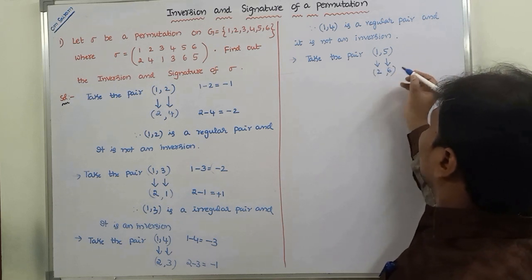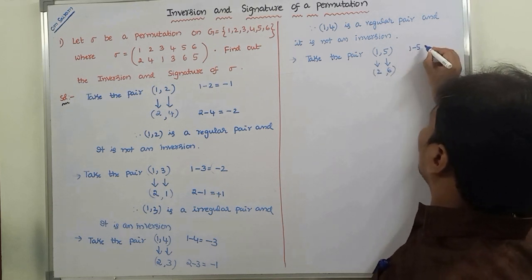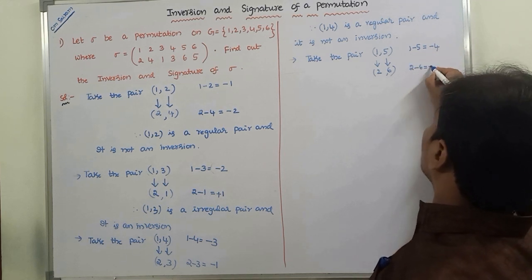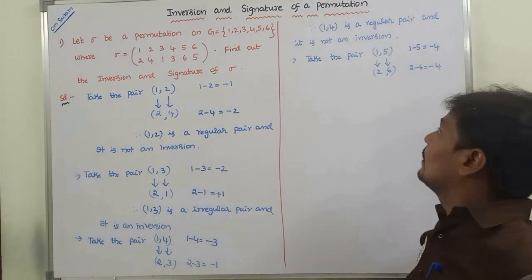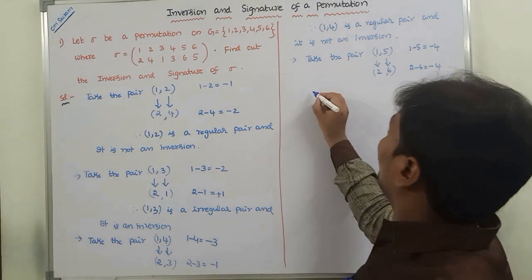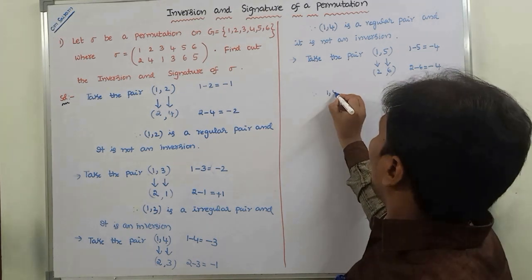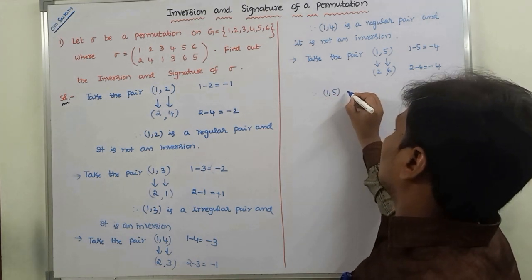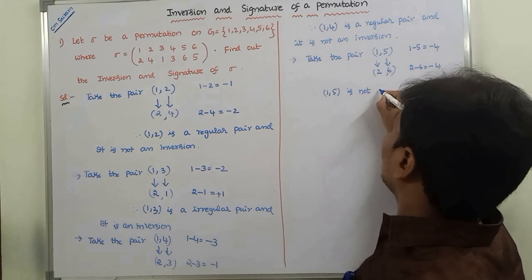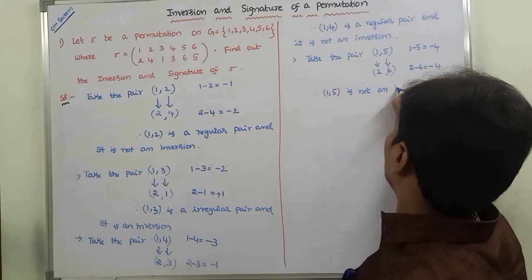Let us find the difference: 1 minus 5 is minus 4 and 2 minus 6 is equal to minus 4. Both are negative results. So therefore 1,5 is a regular pair, and for that reason it is not an inversion.